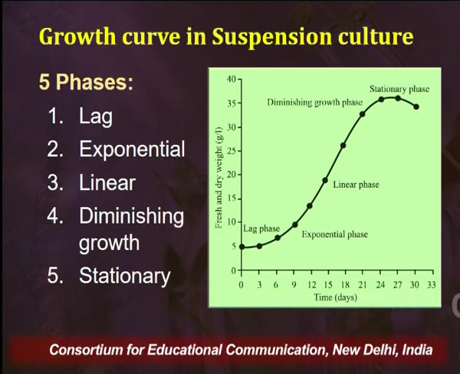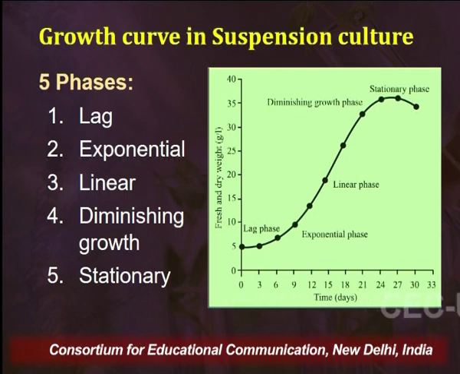In the linear growth phase, there is a constant rate of cell division, and the number as well as the size of the cells grow continuously. The fourth one is the diminishing growth phase. Since the cells are continuously dividing and growing in size in the linear phase, they very rapidly consume the nutrients of the culture media.